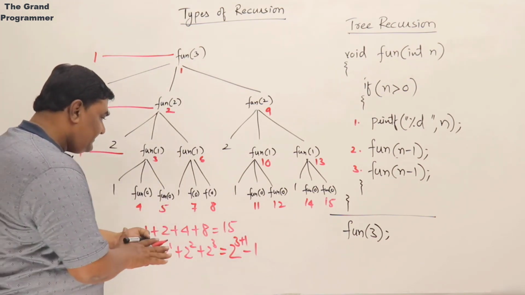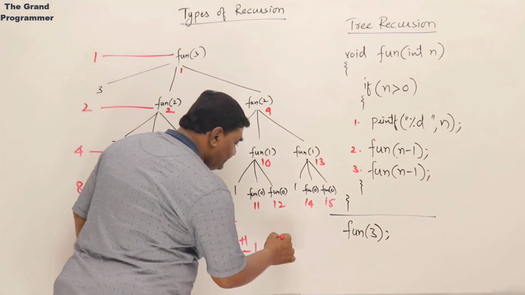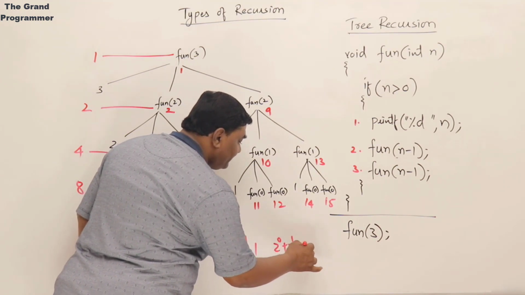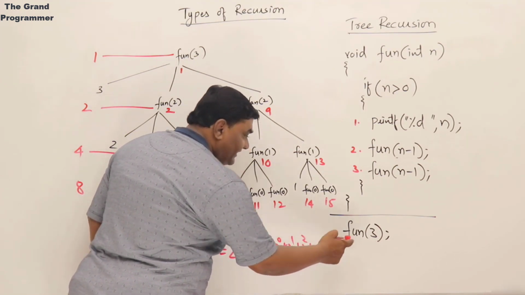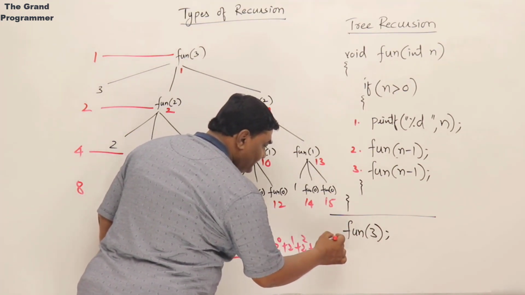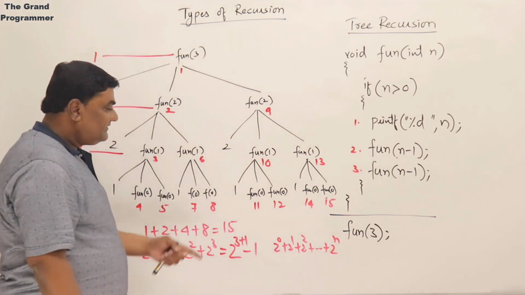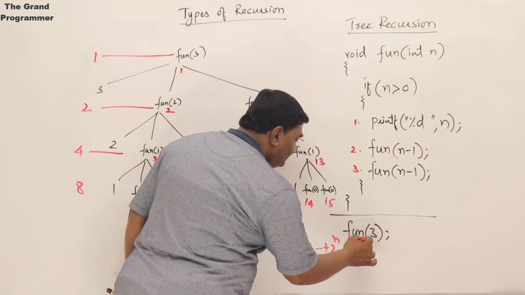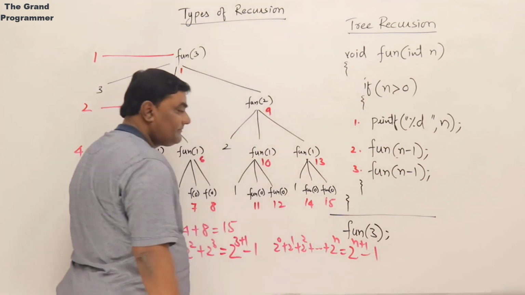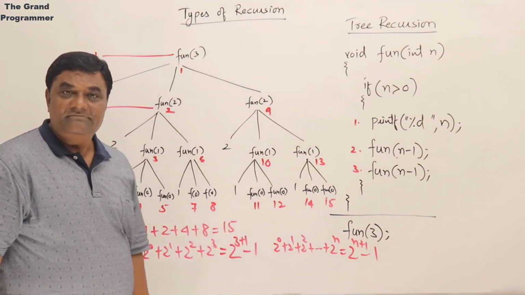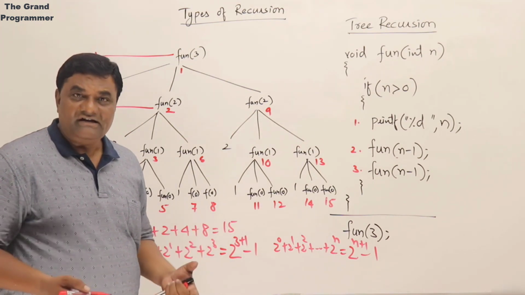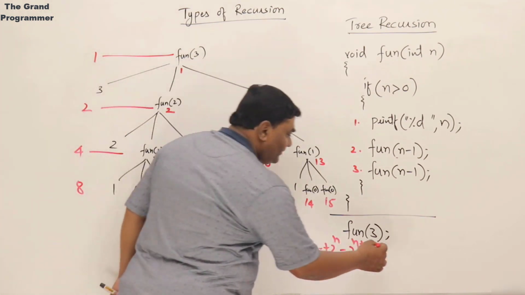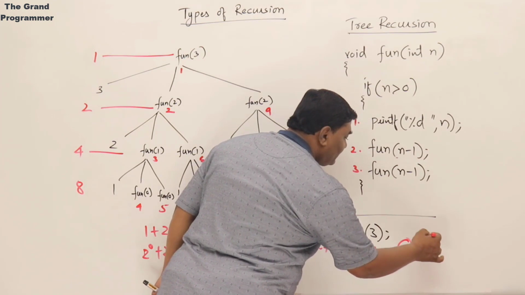So it means if I have 2 power 0 plus 2 power 1 plus 2 power 2 goes on to, if this is n, then this will go till 2 power n. Then how much is that? This is 2 power n plus 1 minus 1. So that many calls it will make. So what is that equal to? So this is order of 2 power n.